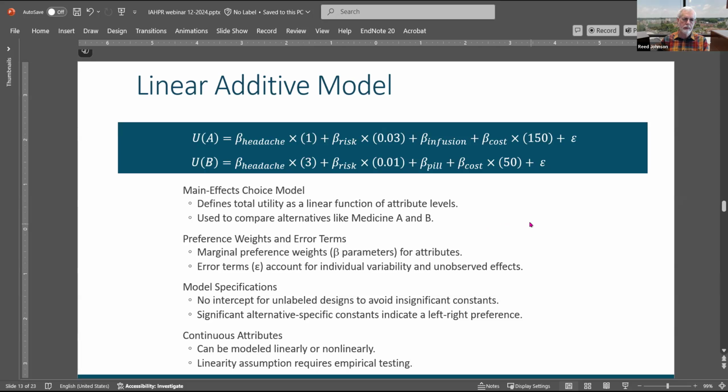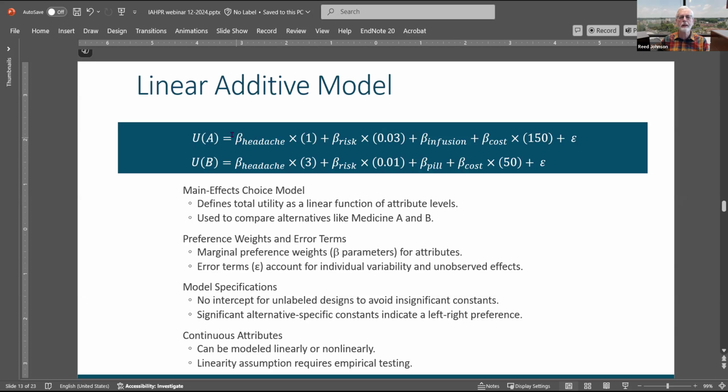When I review manuscripts, I sometimes see that people have inserted a constant term before this equation. The problem with that is that all it tells you is whether people prefer A over B, regardless of what the attribute levels are. If that's significant, then the respondent is not paying any attention to the actual attributes.